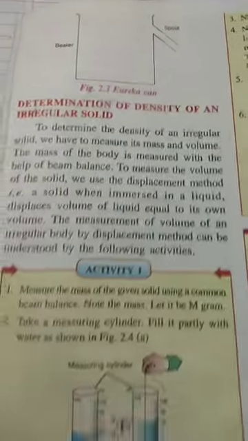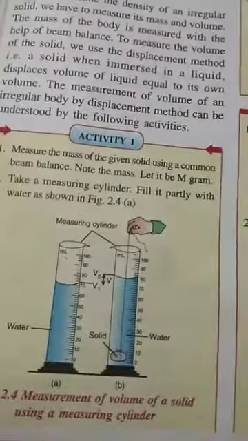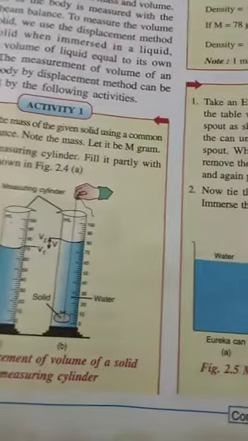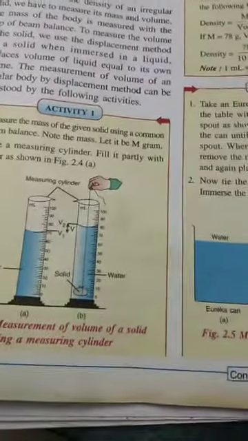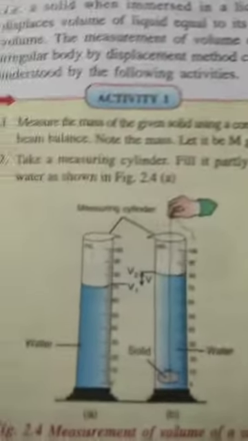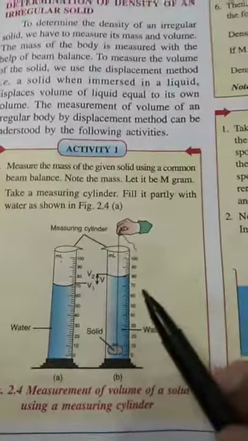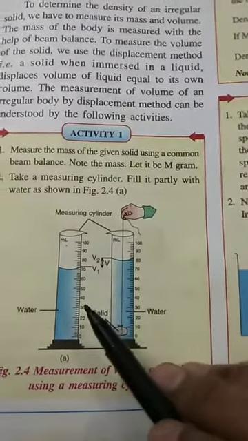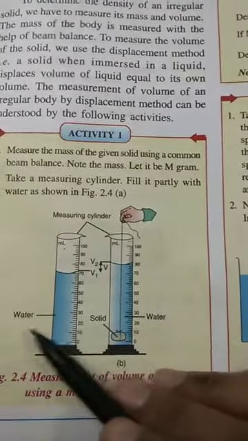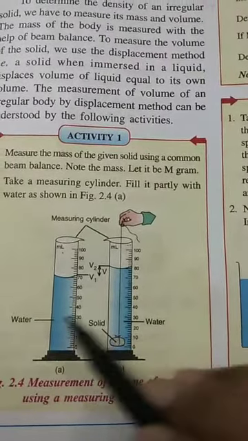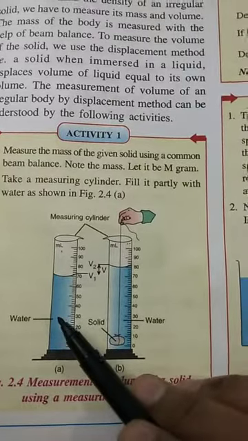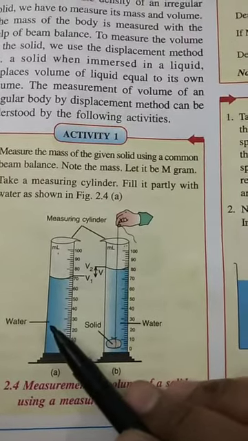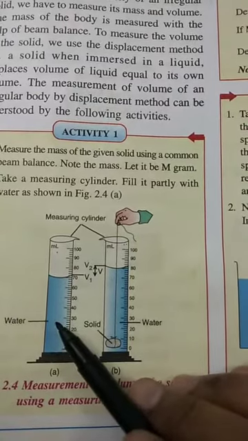Now the next part is the density of irregular solids. How to measure the density of irregular solids like stone, etc.? In this activity they have shown how to find the density of an irregular solid. The students have taken two measuring cylinders.